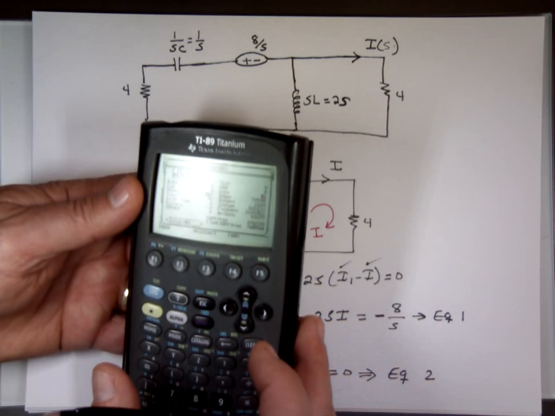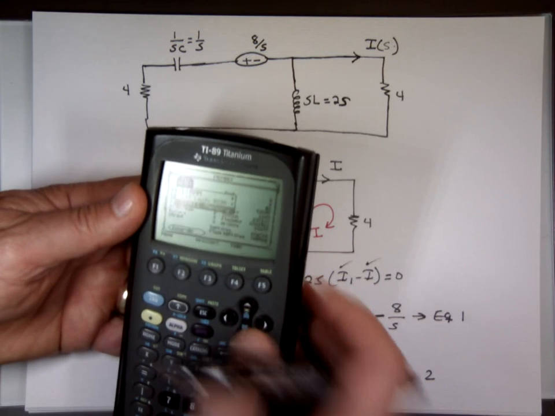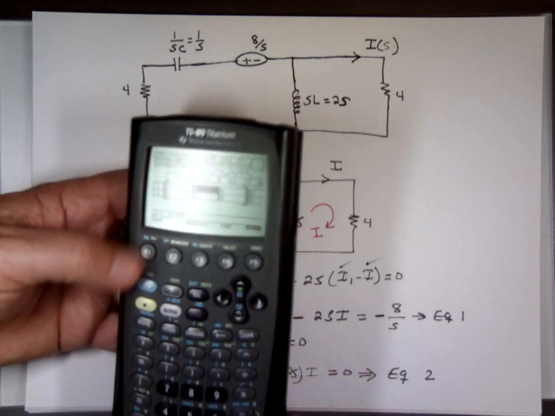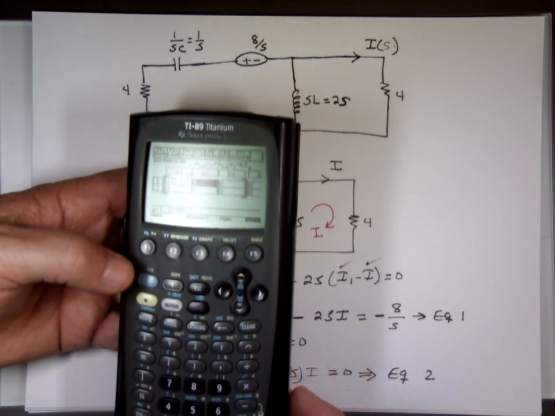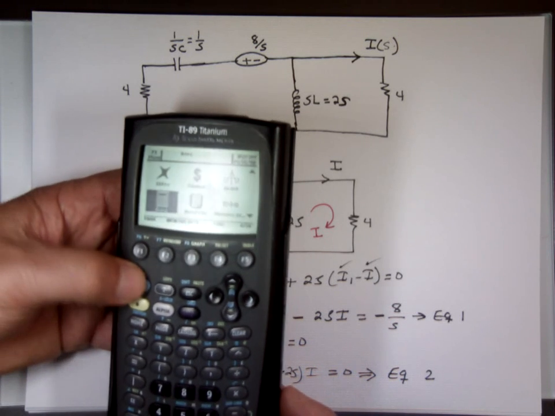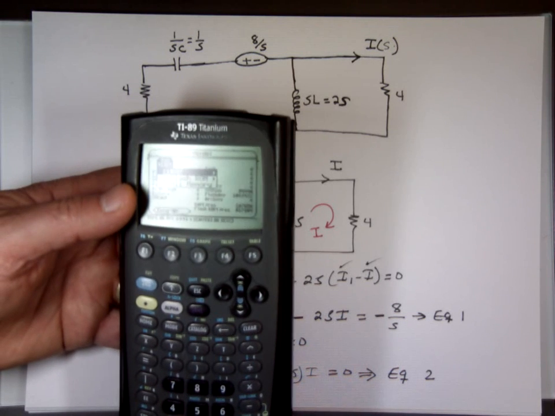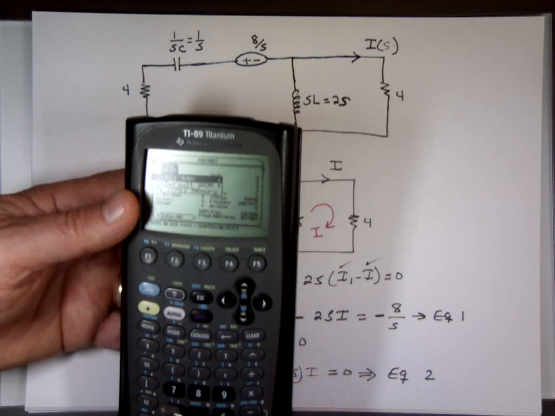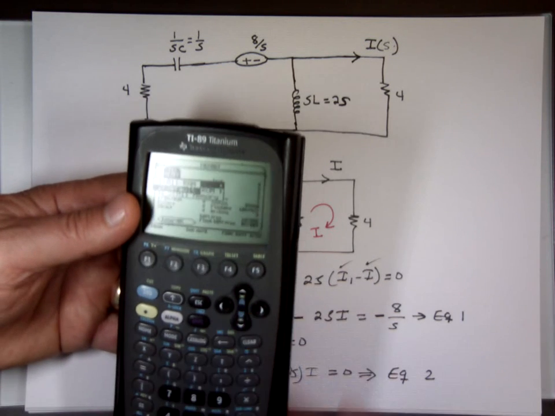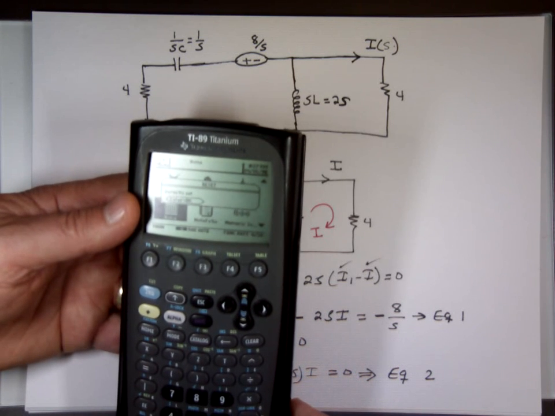F1 to reset. All memories. Second memory. F1 to reset. Reset the RAM. All RAMs. I go default. Default.